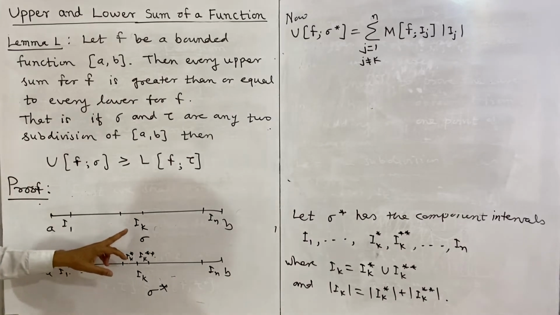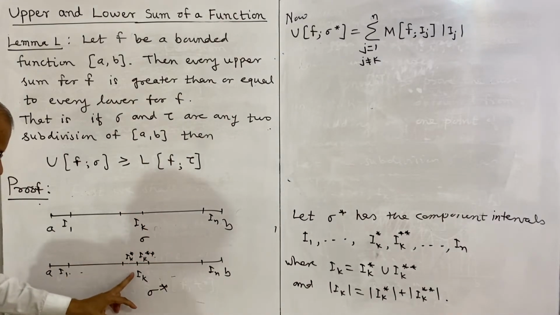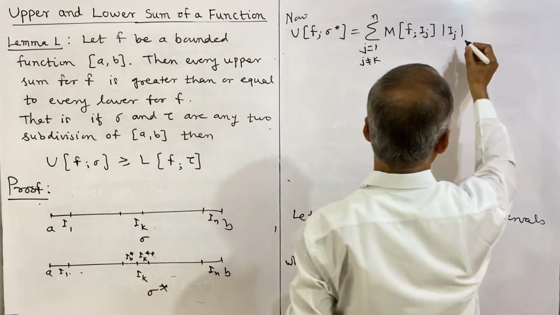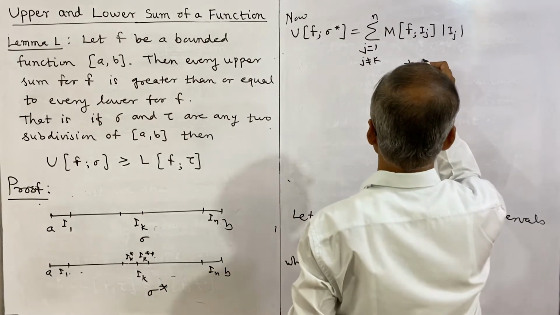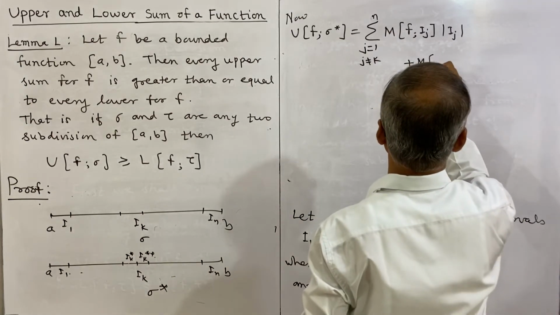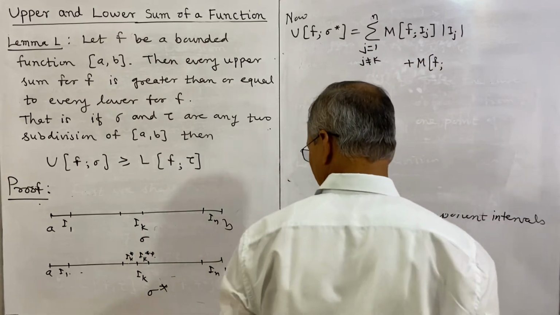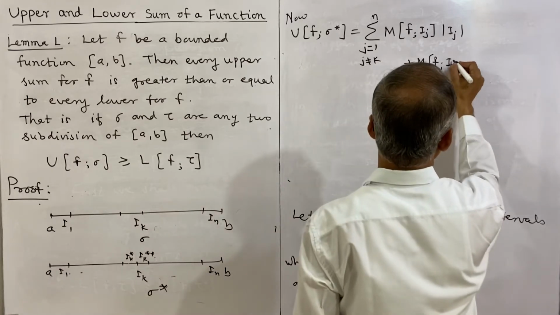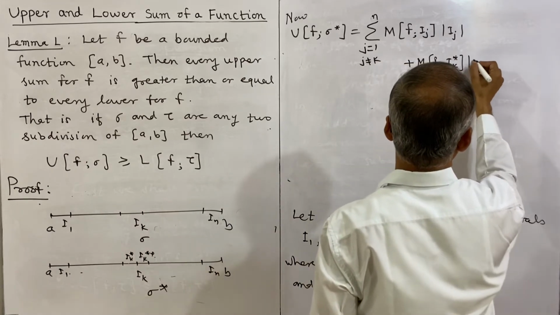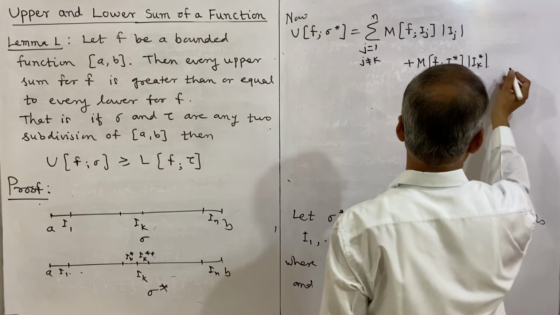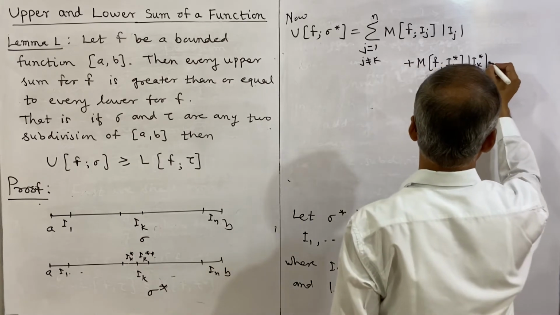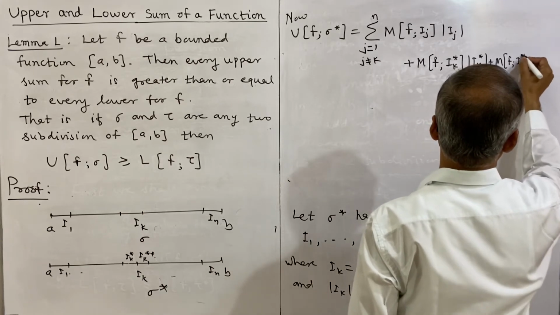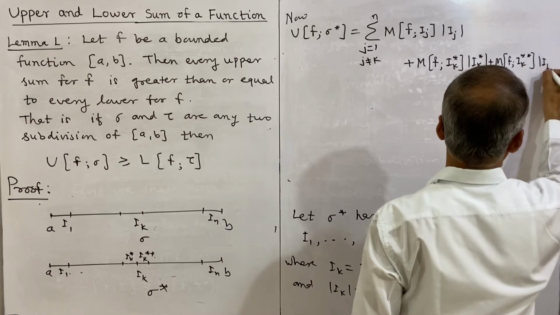Because if you consider k, then that would be of sigma, but this kth interval is divided into two parts, and therefore we shall write its sum separately. That is plus maximum value of f on Ik star into length of Ik star, plus maximum value of f on Ik double star into length of Ik double star.